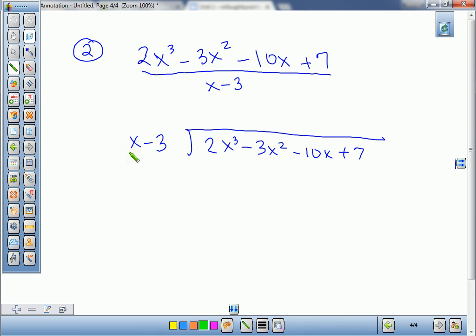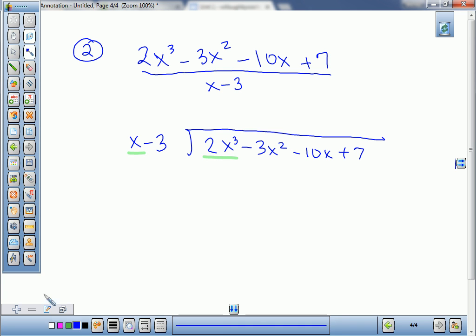What do you multiply x by to get 2x cubed? 2x squared. So I'm going to line it up above the square.